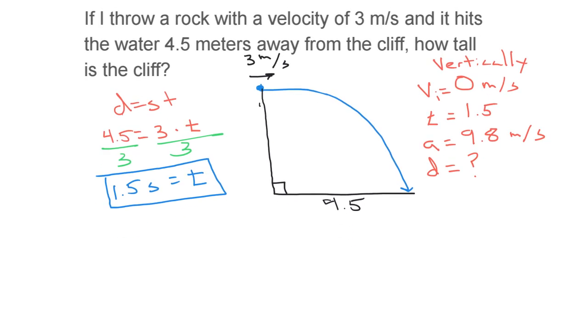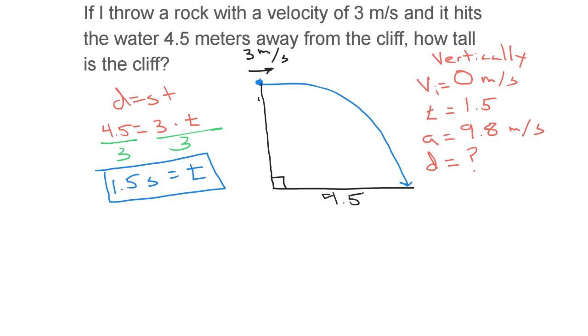All right, so I need a kinematic equation that relates these 4 variables. That kinematic equation is distance equals initial velocity times time, which initial velocity is 0, so this term will go away, plus 1/2 a t squared.